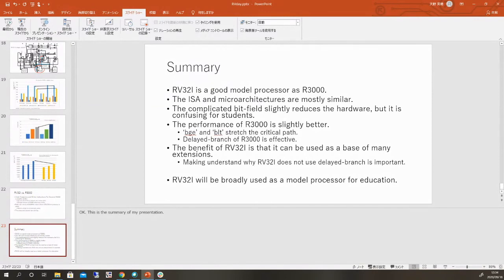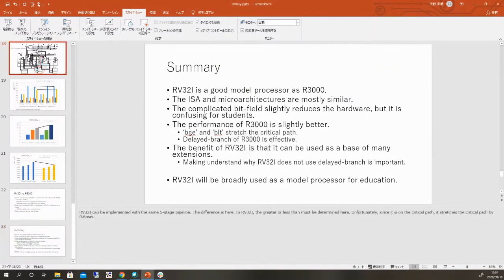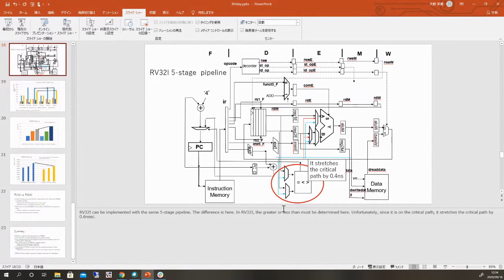Actually, the frequency degradation of RV32I comes from the compound branch instructions. MIPS R3000 only provides the equal and not-equal instructions. But unfortunately, RV32I provides branch greater-or-equal and branch less-than.